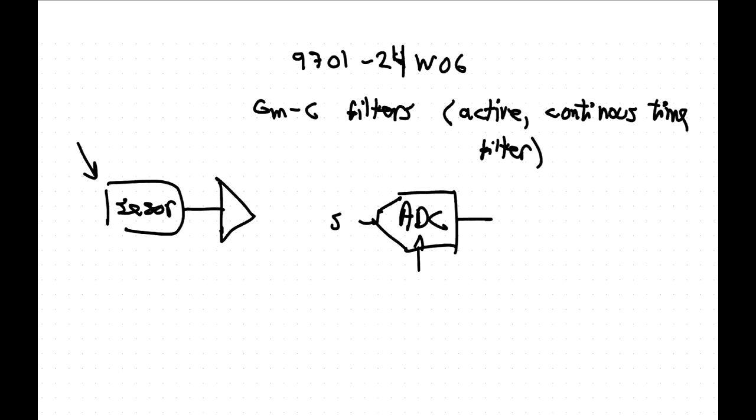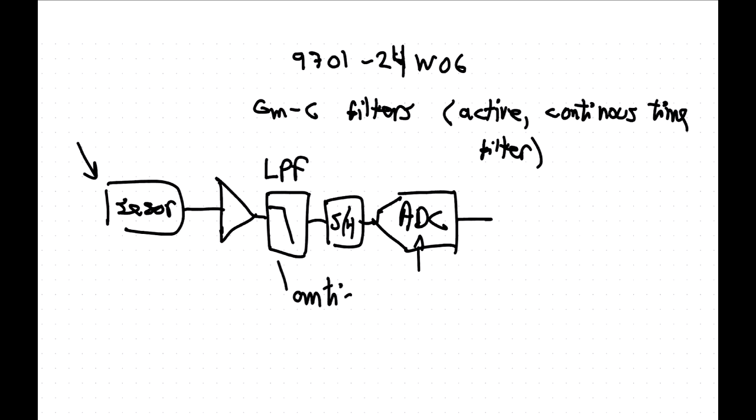There's going to be a sample and hold sitting somewhere in here. Now you sample it, and you need to make sure that you don't alias, so you have to have a low-pass anti-alias filter sitting there, and that has to be continuous time because otherwise you're just moving the problem.